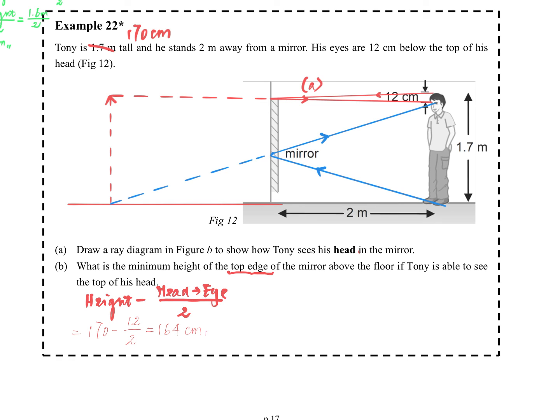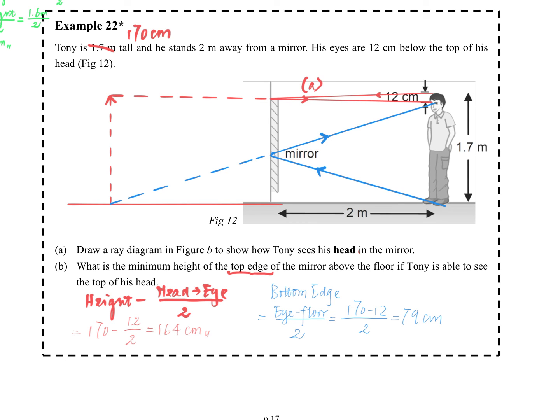Don't forget the unit. Okay, if I would like to find the bottom edge, I just give you a bonus part. Bottom edge of mirror, which should be eye to floor distance divided by 2. In this case, eye to floor distance should be 170 cm minus 12 divided by 2, and the answer should be 79 cm.